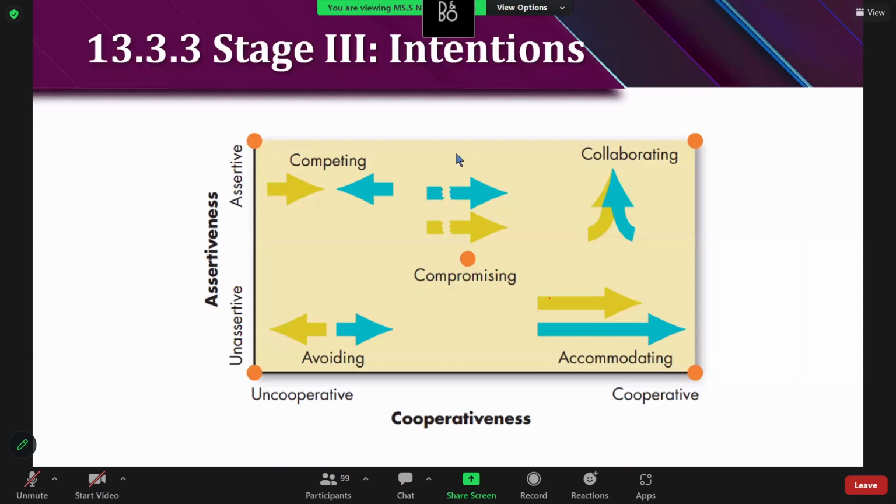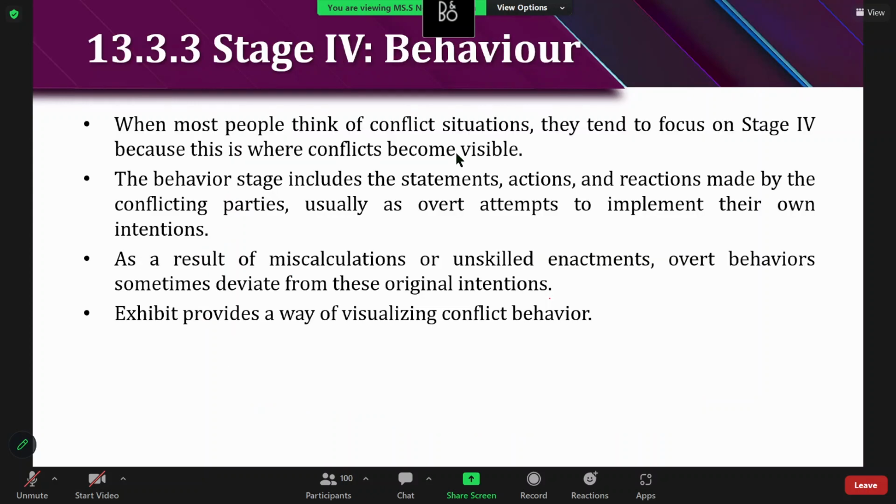They may have decided to be compromising with the other party. That would be their intention, but when they actually show their overt behavior, it may deviate from the original intention. They may have decided something, but actually they may be doing something else.